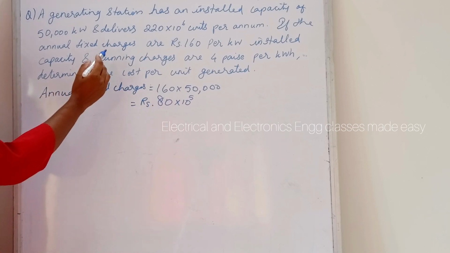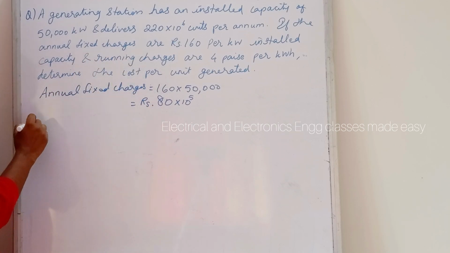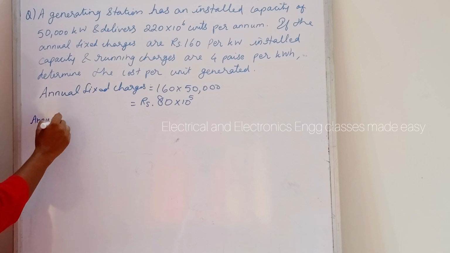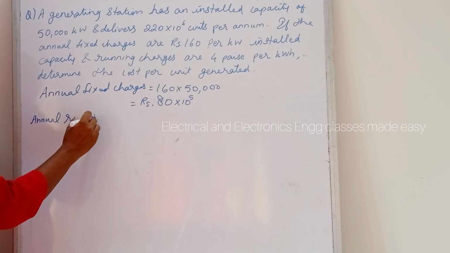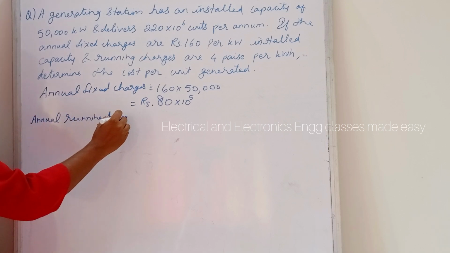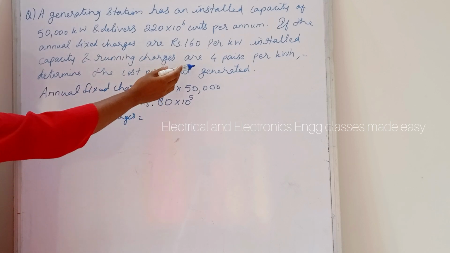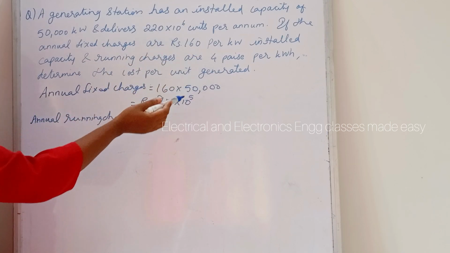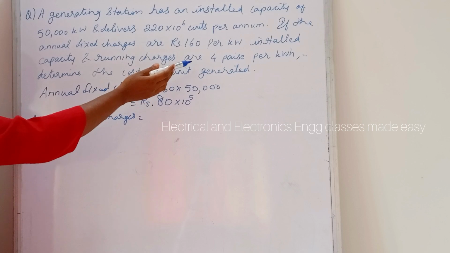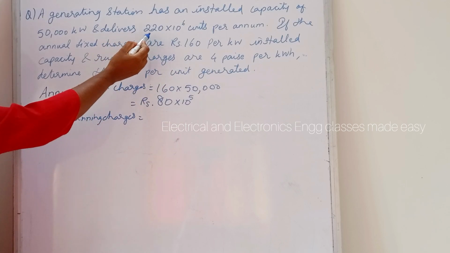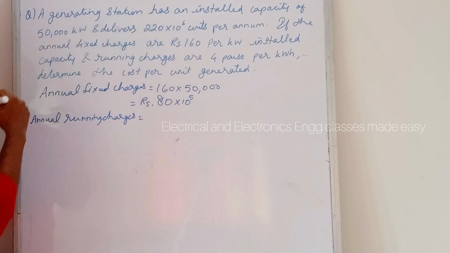Then we have to find the annual running charges. So annual running charges is equal to, it is given that 4 paise per kWh. The units generated is 220 into 10 raised to 6 units per annum.